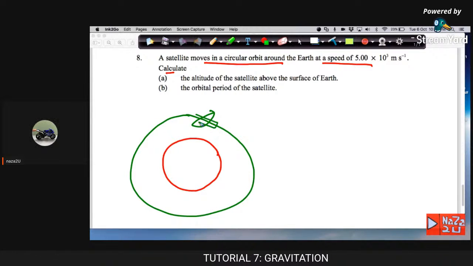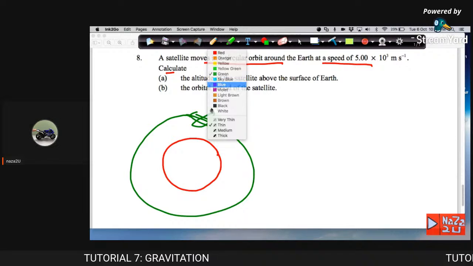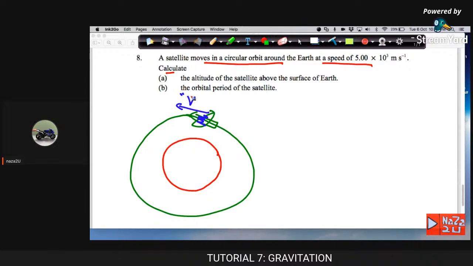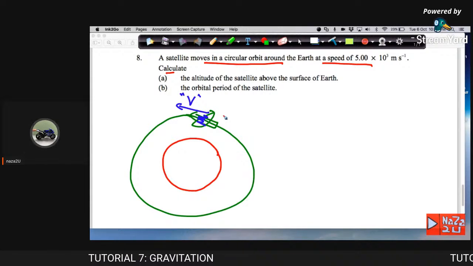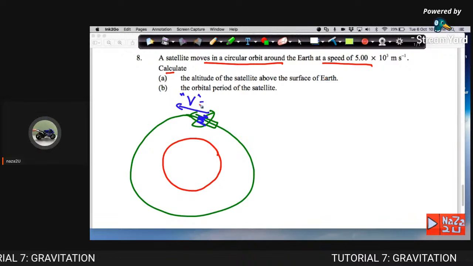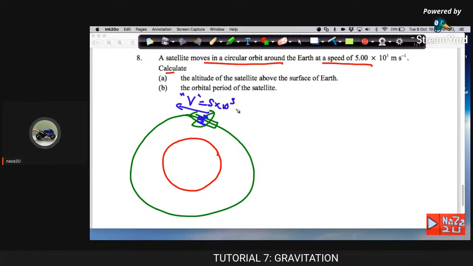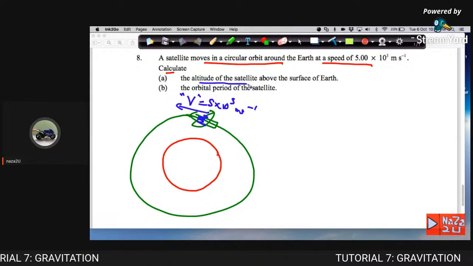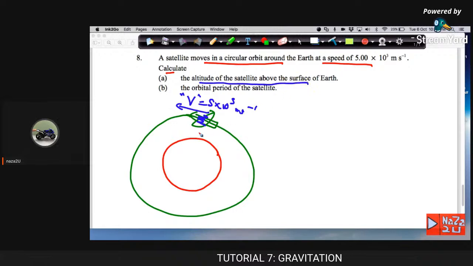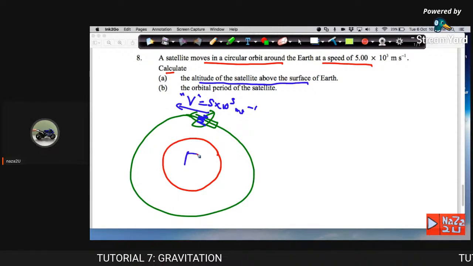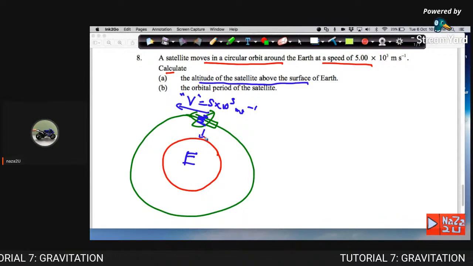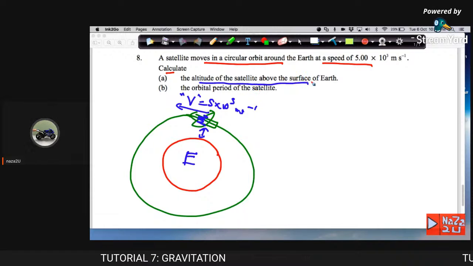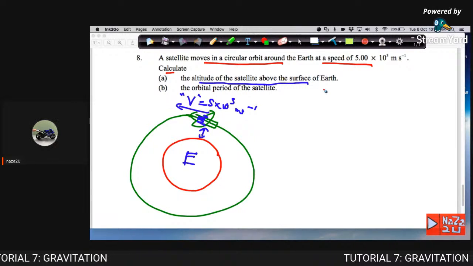So let's say this is a satellite, and the satellite must have an orbital velocity, moving with a velocity v, given as 5 exponent 3 meter per second, and calculate the altitude of the satellite above the surface. So from the surface of the Earth, let's say I write E for Earth, what is this distance? Altitude of the satellite above the surface of Earth, right?